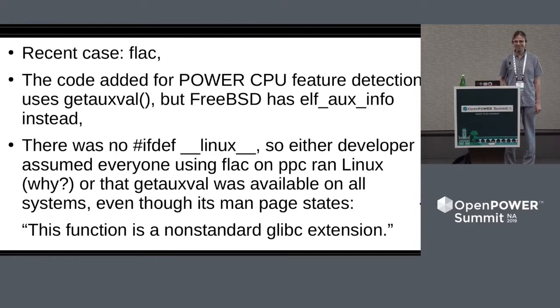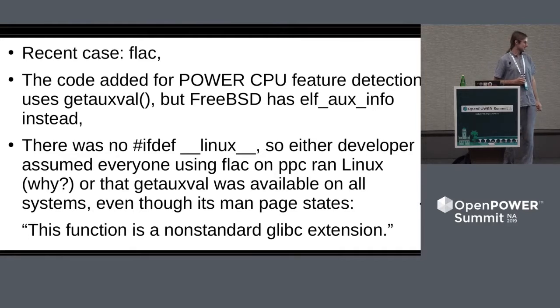Okay. And another case, FLAC. Oh, Anton told you, I guess. No, I just know what FLAC does. I can guess where this goes. Okay. Some widely known IBM developer recently added Power feature detection in FLAC. It's awesome, yeah. But it uses the getauxval function, which is a non-standard glibc extension.